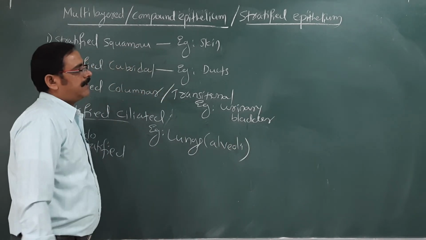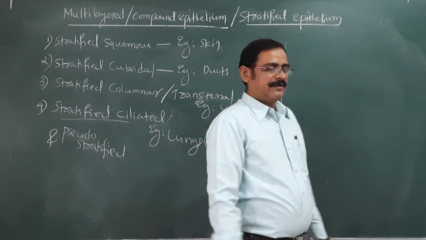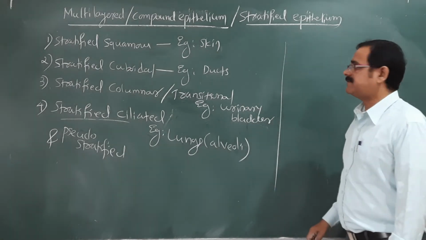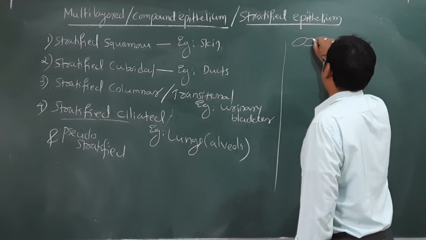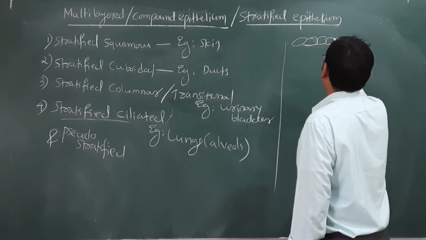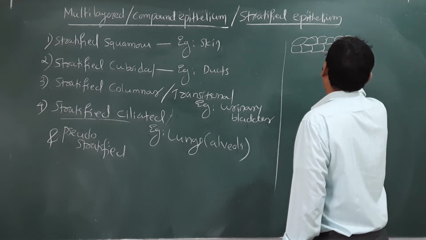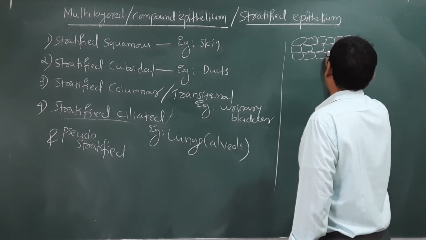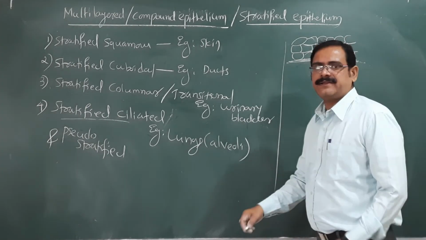So let me tell you here, when we talk about multi-layered epithelium, we have studied the single-layered epithelial cells, but in the multi-layered epithelium there may be many more layers of cells, and they are all arranged on the common basement membrane.